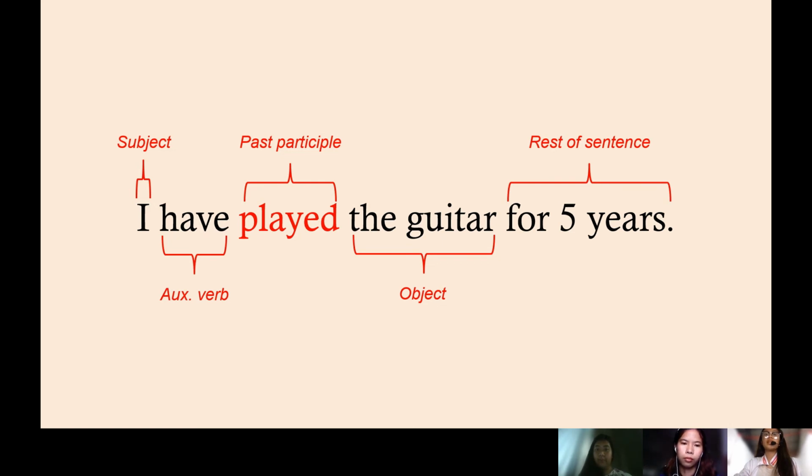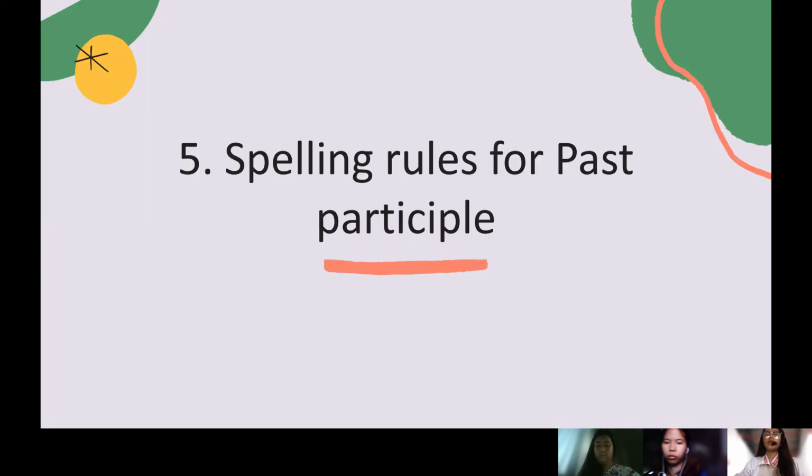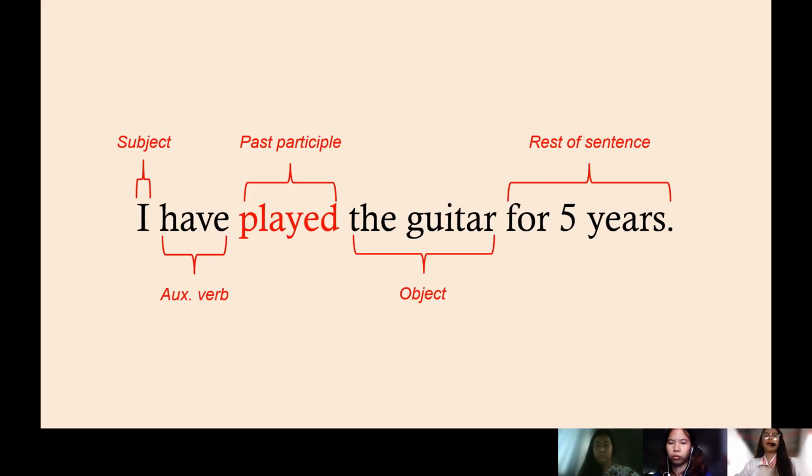The guitar po. The guitar. Okay, how about the auxiliary verb? Have po, have. And lastly, our past participle is played. Okay, so let's see. I is our subject. Auxiliary verb is have. Played is our past participle. Object is the guitar. And the rest of the sentence is for 5 years. Okay, I have played the guitar for 5 years.